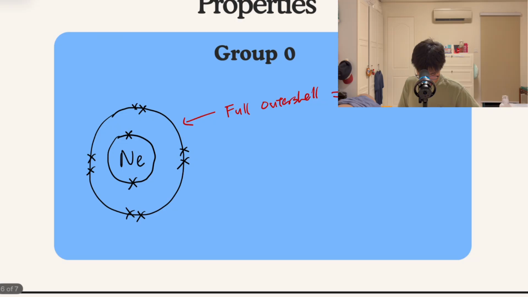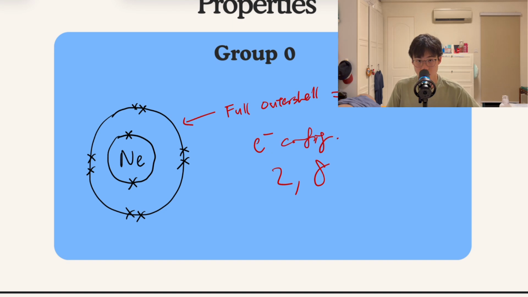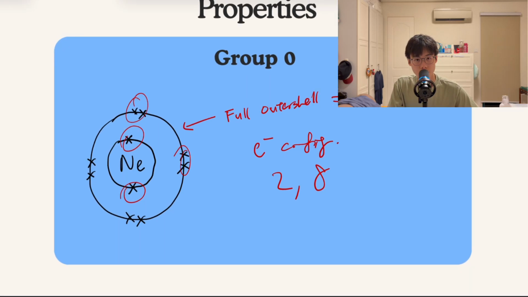So you see 2 electrons in the first electron shell, and then 8 electrons in the second electron shell. As you can see, at GCSE level, you only need to know the electron configuration for the first 20 elements. For all of them, the first shell can fill 2 electrons, and the second shell can accommodate 8 electrons, and the third shell can accommodate 8 as well.